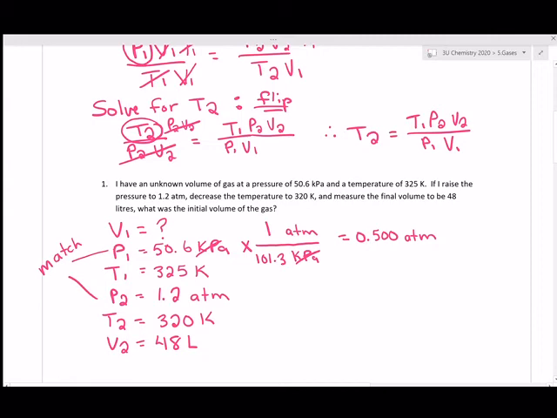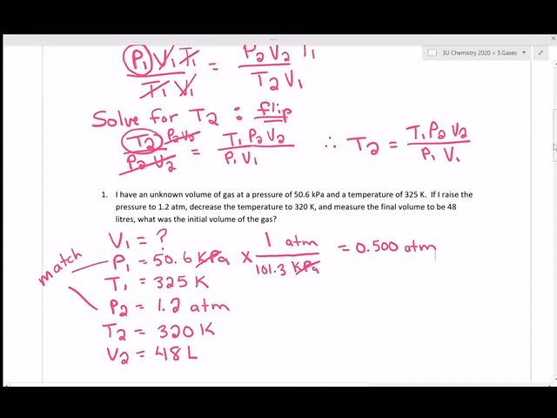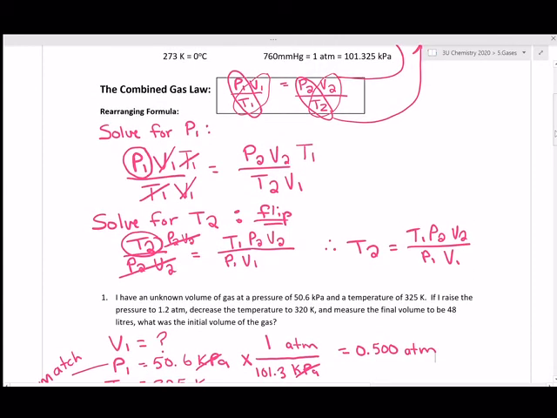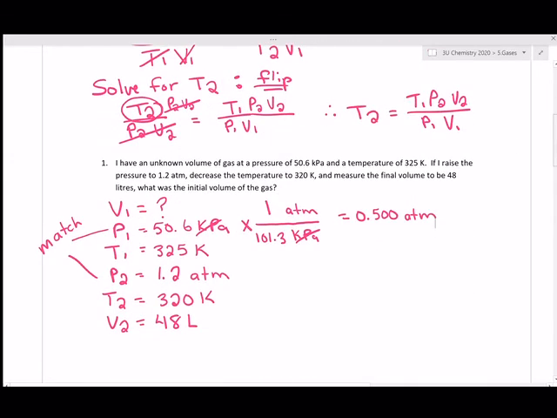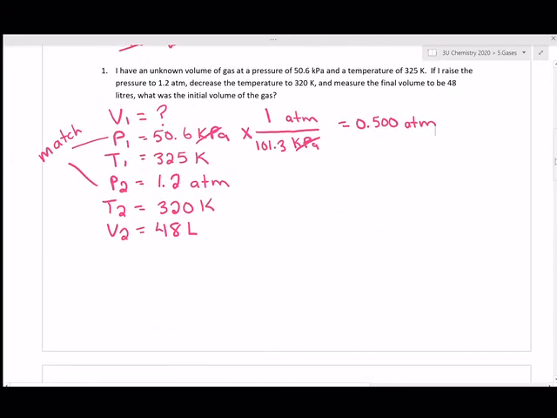Okay, now I'm solving for V1. So I'm just going to scroll this down a little bit so we can look at the formula again. So V1 is on the top, so we don't need to put it upside down. We'll just do the whole formula here. So P1 V1 over T1 equals P2 V2 over T2.